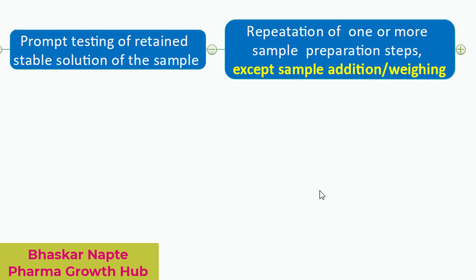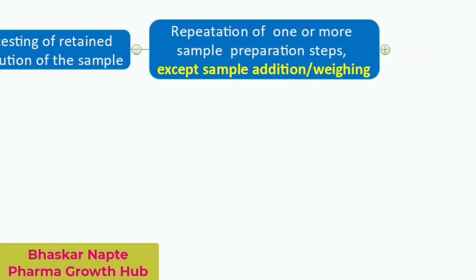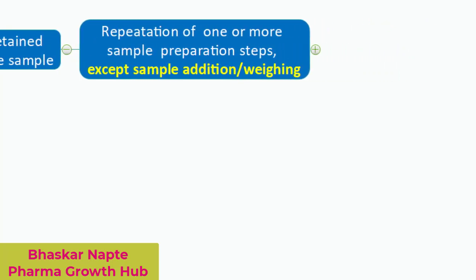That means you are not allowed to make the original solution one more time. If the original solution is available and which is stable, then you may further use that solution for identifying the root cause.